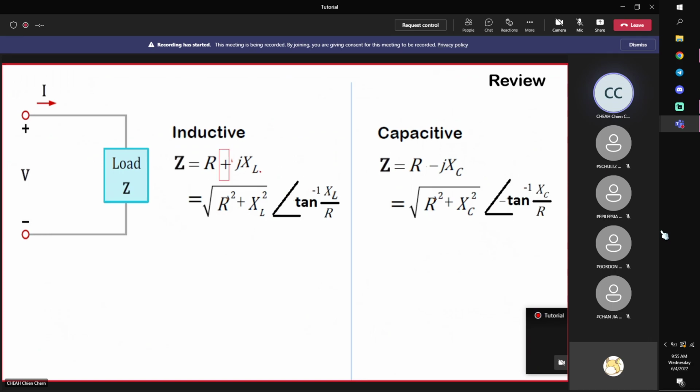Now if your imaginary part is positive, we call it inductive. It does not necessarily mean that there is only an inductor. It just means that overall your reactance is positive.